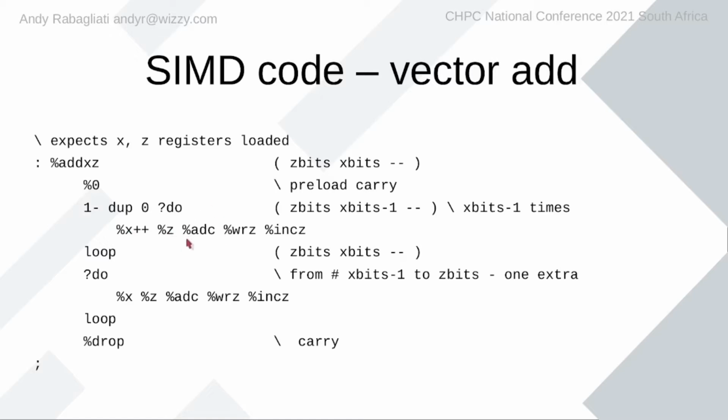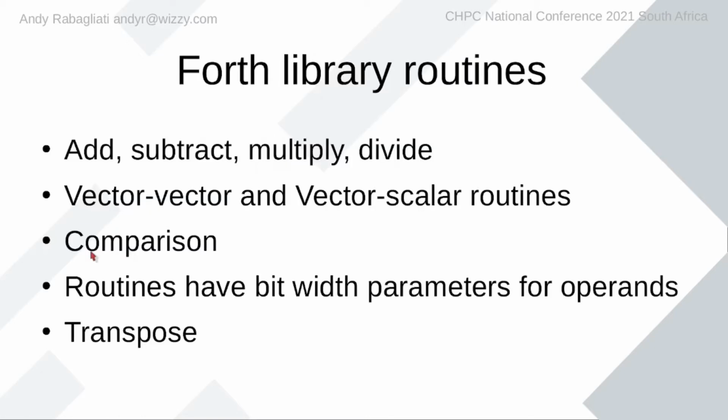We are using add with carry, and we are writing the result into the Z register, and then we are incrementing the Z register. We have left the carry on the stack, and when we go around, the carry will be used again for the next bit as it goes through. The looping arrangement here is standard Forth and is managed by the J1 CPU.